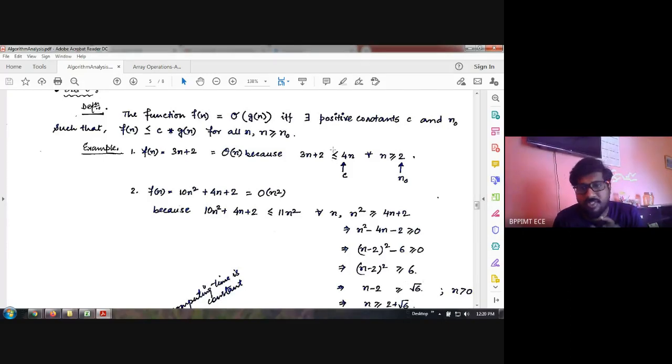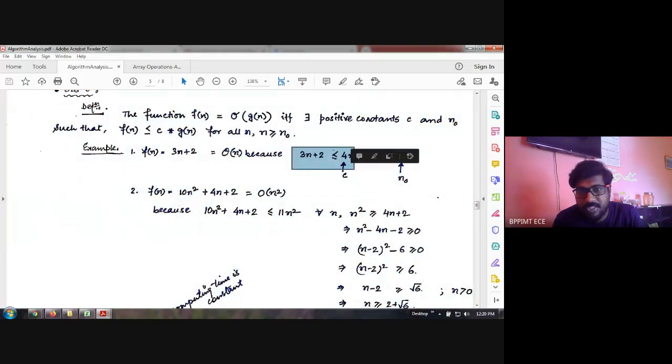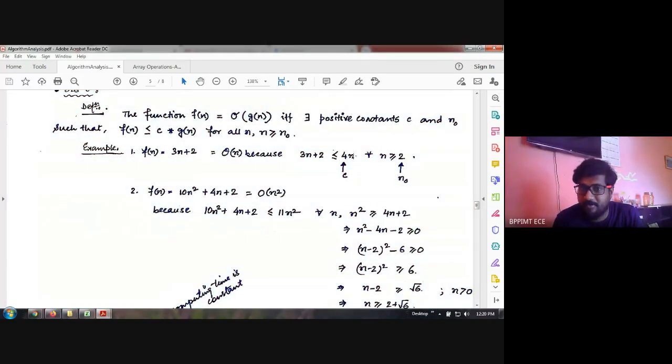Then we can treat this 4 as, just compare this expression with this inequality. This is like your Fn, this is like your C into Gn. Gn is your n. That means it will be your C, and that is a positive constant. 4 is a positive constant. But what about the other thing? Can you find some n0 which is greater than 0, a positive constant?